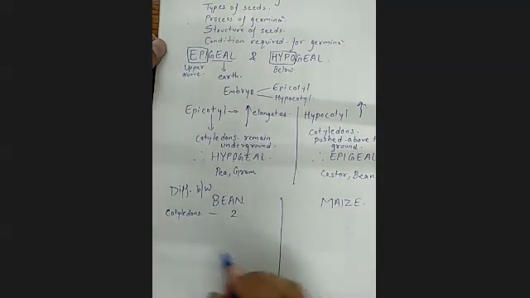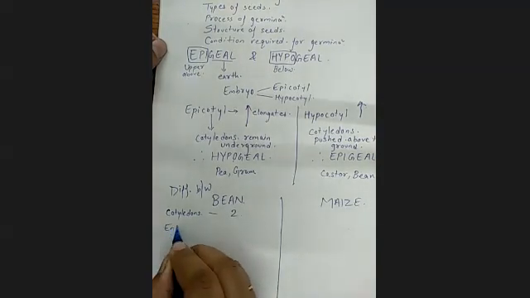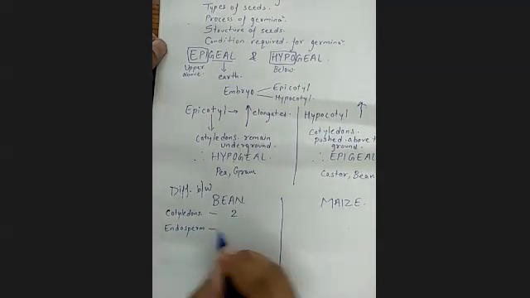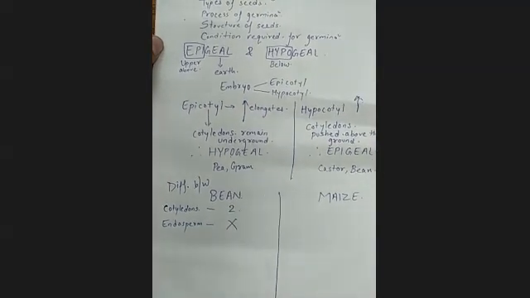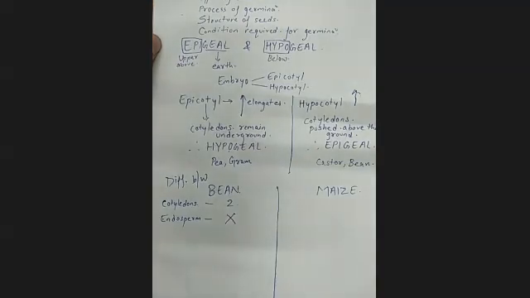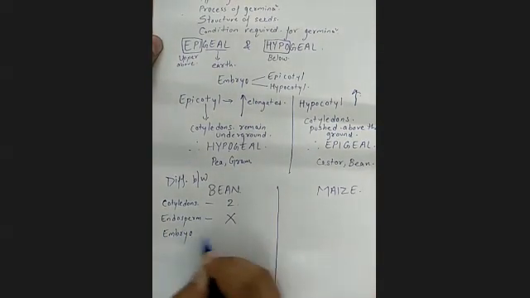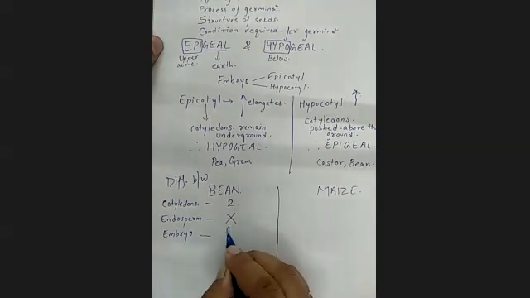Okay, then about endosperm. In bean, endosperm is not present, while maize has a lot of endosperm in it. Okay, and let's see the difference about their embryo. It is very large. Let me write it.